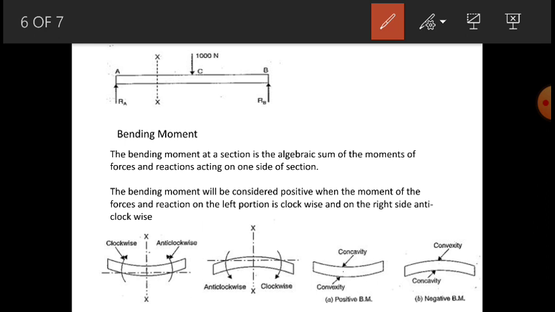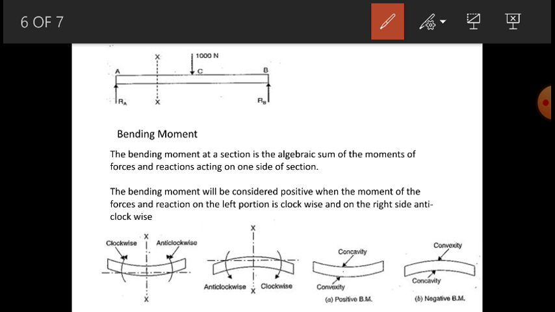If you see, there is a beam AB. At the midpoint C, there is a load applied of 1000 newtons. If you are applying 1000 newtons and there are two supports at equal distance, then the load will be distributed into two parts.